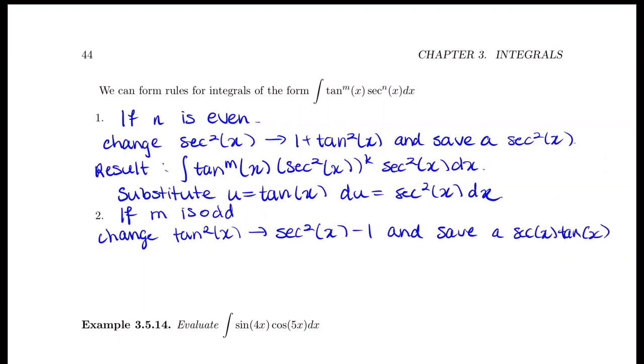So as a result, the integral will then become the integral of a tan squared of x to the power of k, we have a secant n of x, and we have a secant x tan of x.